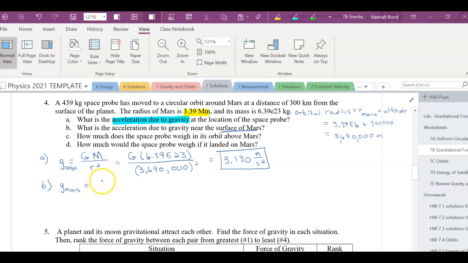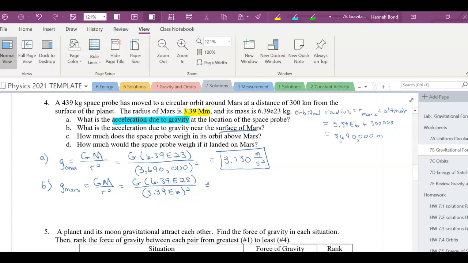So it's the same formula, but we're going to use a different r, right? Now, the r, the orbital radius, is not the radius that includes the altitude. It's just the radius of Mars. So it's going to be g times the mass of Mars divided by the radius of Mars, which is 3.39 e to the 6th, and that has to be squared.